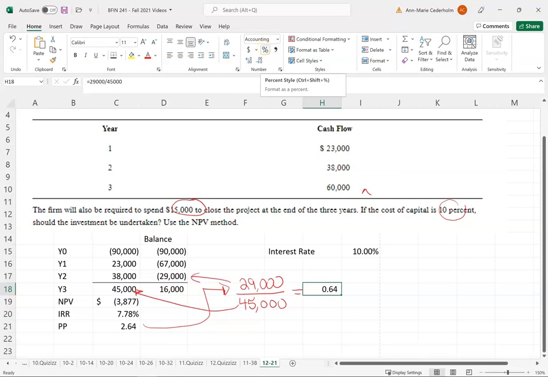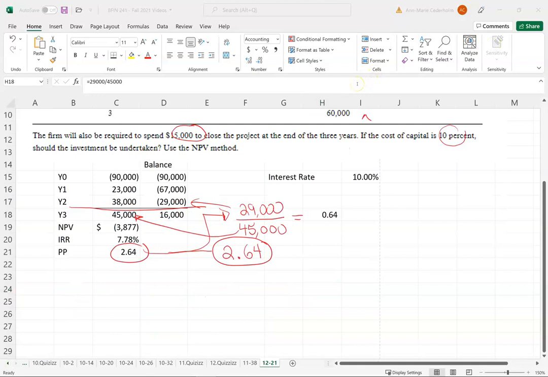That comes out to 0.64. And then what I did is I saw that this was in between year 2 and year 3. So I said 2.64. And that's how I got this number here. So basically, we want to have the shortest payback period as possible in order to accept the project.